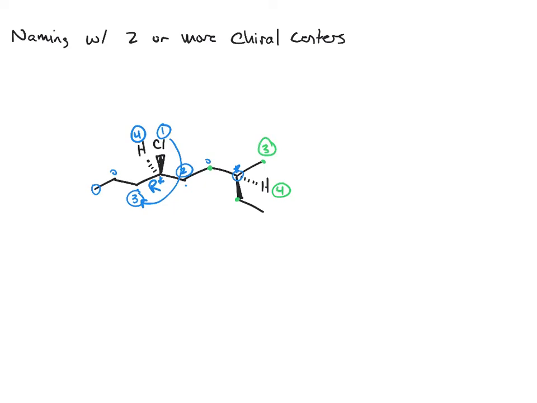Now we still have these two to compare. Let's move out one step further down the chain and compare these carbons. We're comparing a CH2 versus a CH3. This one is bonded to one carbon. This one's bonded only to hydrogens. So the one on the left will be priority 1, and that one's priority 2.